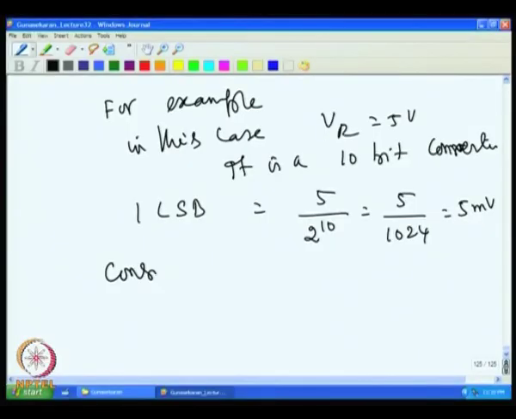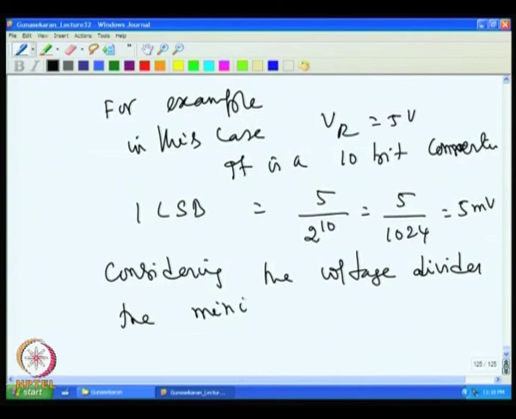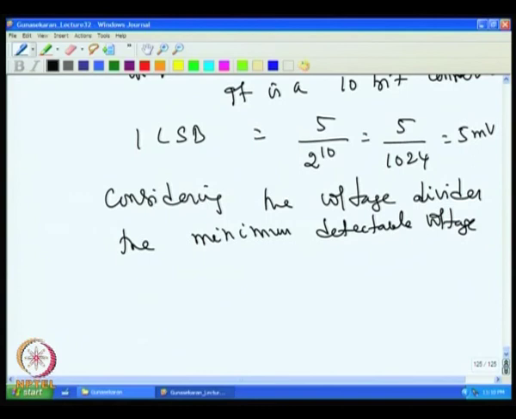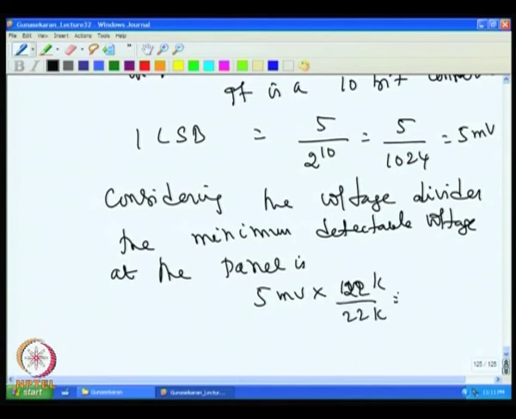Considering the voltage divider, the minimum detectable voltage at the panel is 5 millivolt times roughly 100K by 22K, that is actually roughly 30 millivolt.